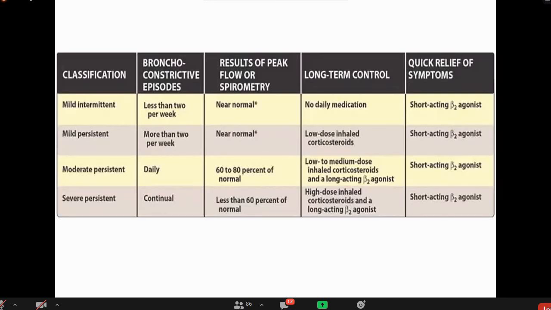We have discussed this: by stimulating the adenyl cyclase enzyme, it increases the production of cyclic AMP, and the increased level of cyclic AMP is responsible for relaxing the bronchial smooth muscle. So this is the complete answer.